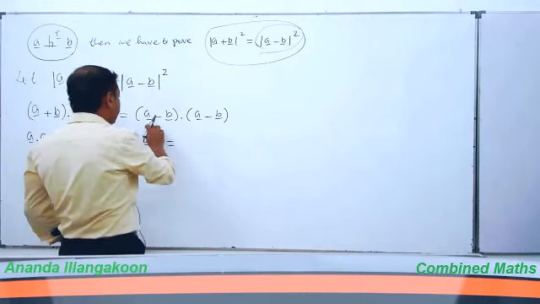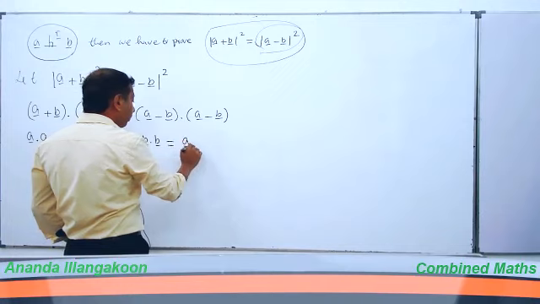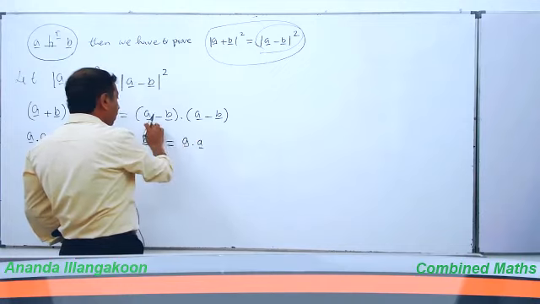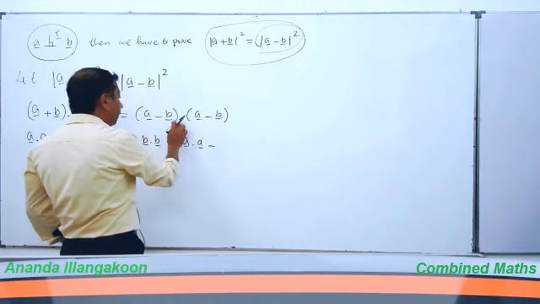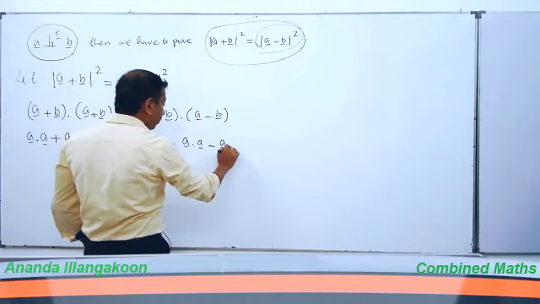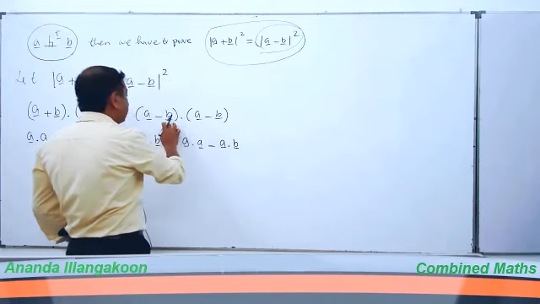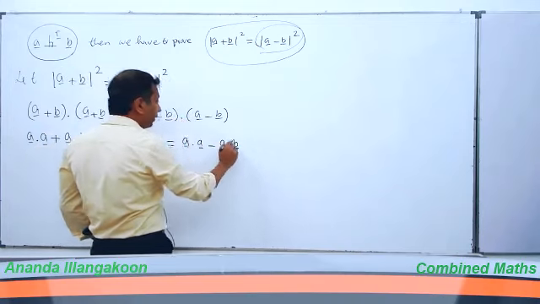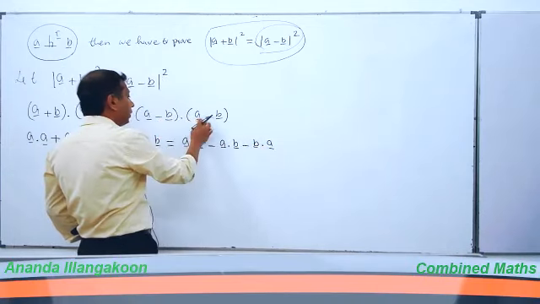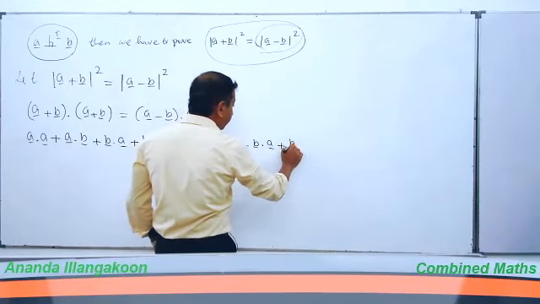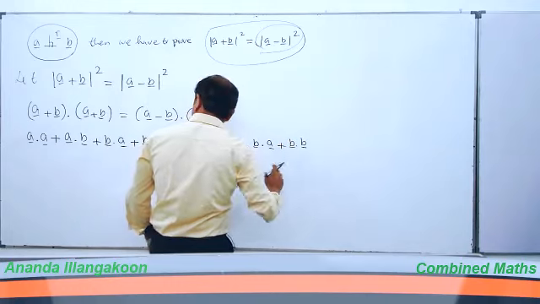Now here A dot A, and here minus A dot B, this and this minus, plus minus B dot A, minus plus B dot B.